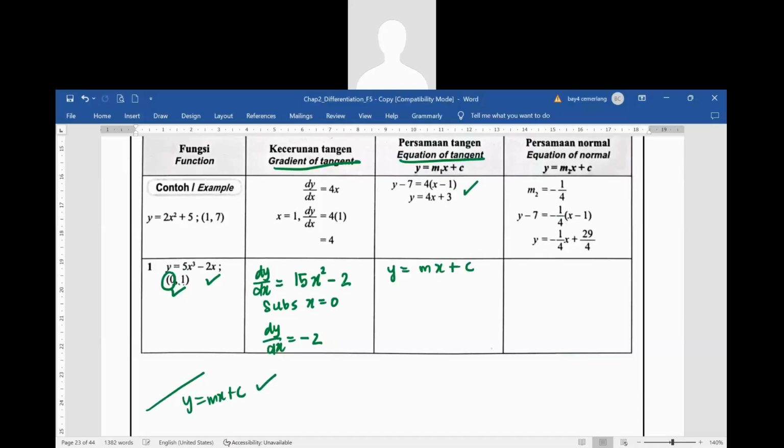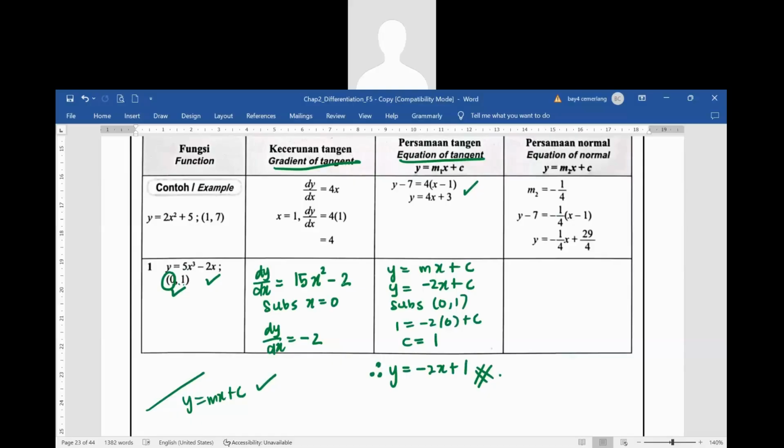So your gradient is -2, y = -2x + c. Then substitute again, because the tangent is passing through (0, 1). Substitute 1 for y, so 1 = -2(0) + c, so your c is equal to 1. Therefore your equation is y = -2x + 1.